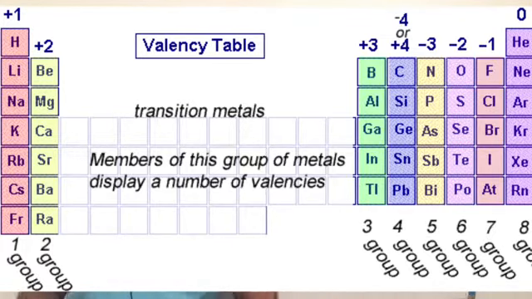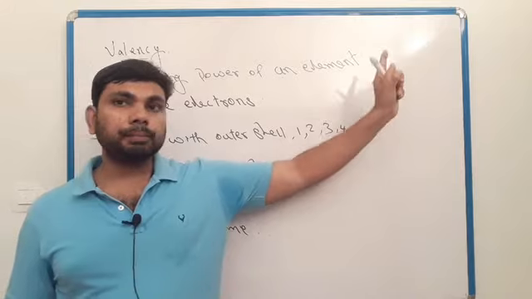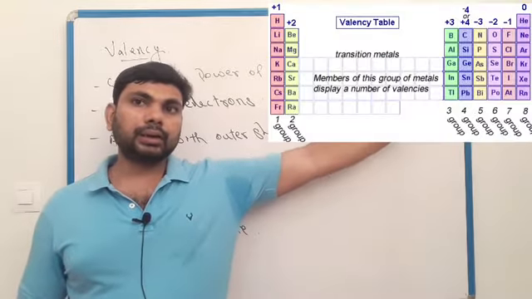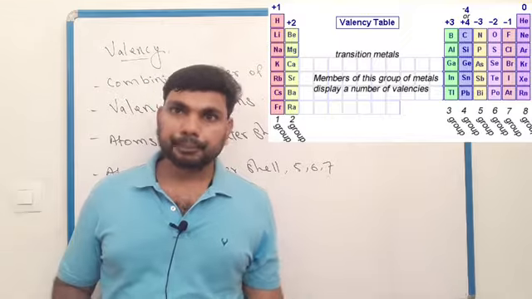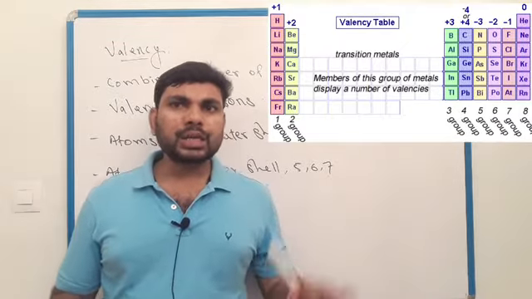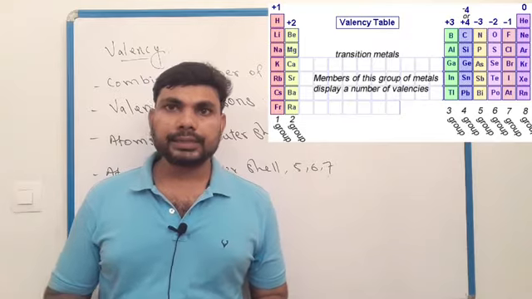There is first group, second group, third group, fourth group, till group 8: group 1, 2, 3, 4, 5, 6, 7, 8. Clear? So based on this group, we can predict their valency.